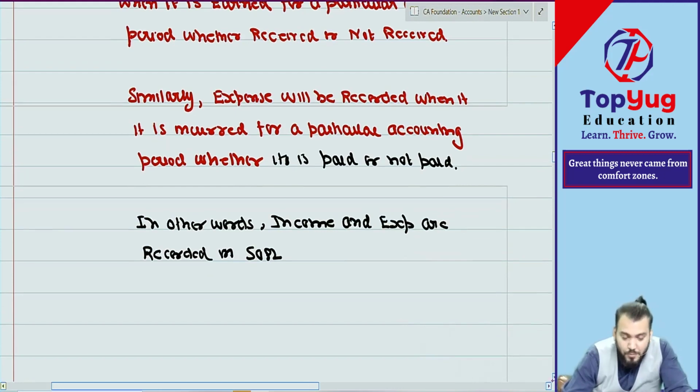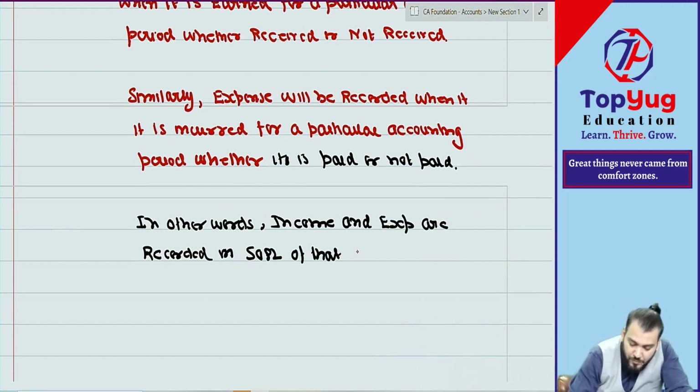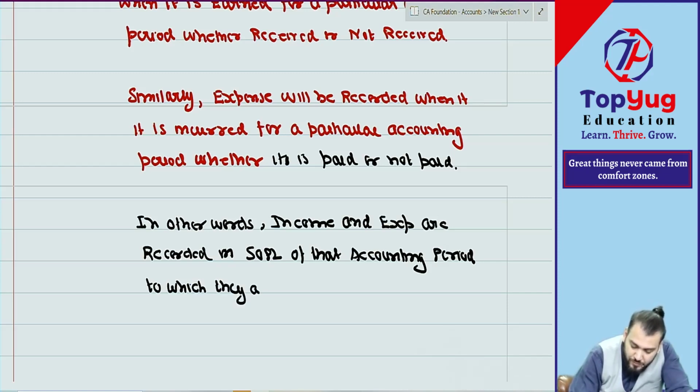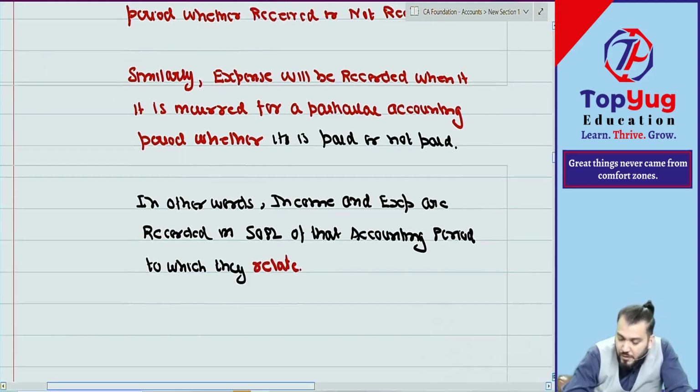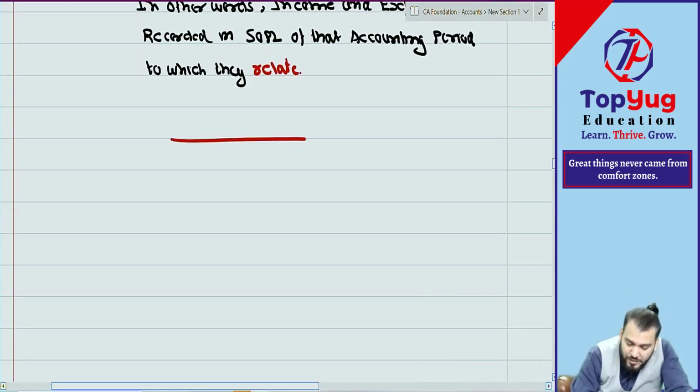Statement of profit and loss of that accounting period to which they relate. They relate. Understood? Fine.